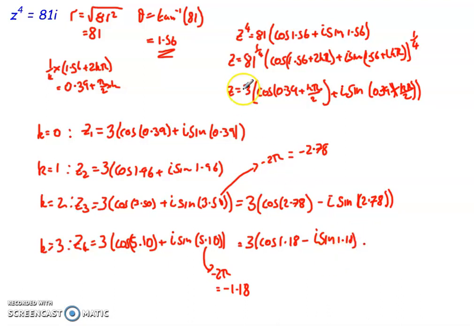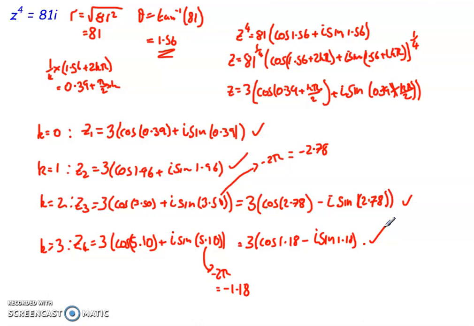So there you go, that's me got 4 solutions for that one, which I was expecting to get from the question. So when we're solving these sorts of equations, we have to remember all of these steps. Get it in polar form first, then take the root of it. So in this case it was to the power of 4, so I took the 4th root of it.